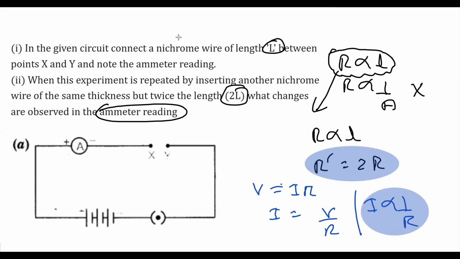In the first we can see that the resistance is being doubled and the current is inversely proportional to resistance. So we'll say that the current will become half. The new current will become half of the original current. So the ammeter reading will become half. Whatever is the original reading, now it will be half.